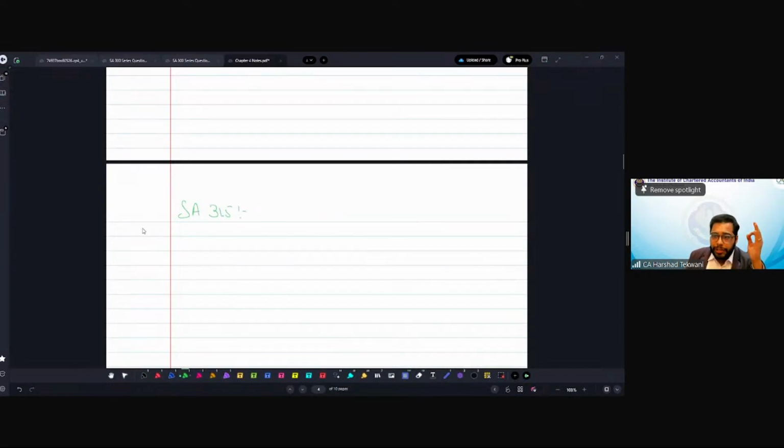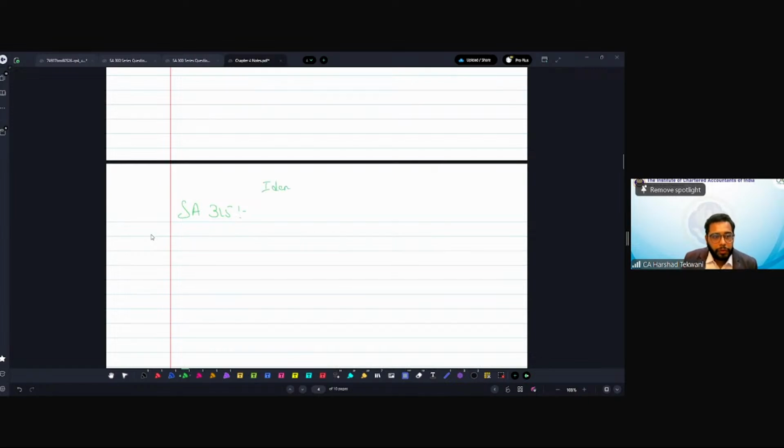When I talk about risk-based audit, if you have identified incorrect risk, your whole audit will go for a toss. So the crucial step is to identify and assess the risk of material misstatement in the audit. Then only will I be able to perform the risk-based audit appropriately.